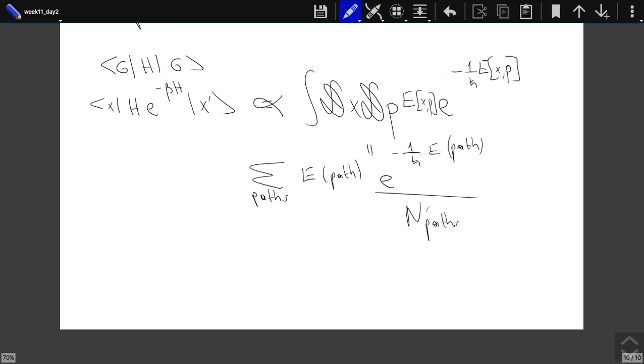So this is basically the definition. It's the path integral. Let's just divide this by the normalization; this is a suitable normalization.